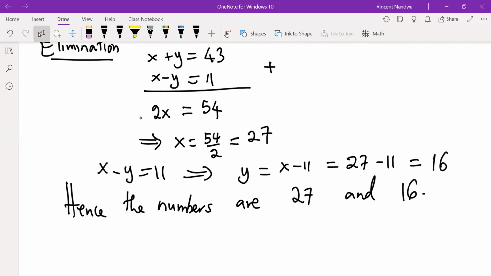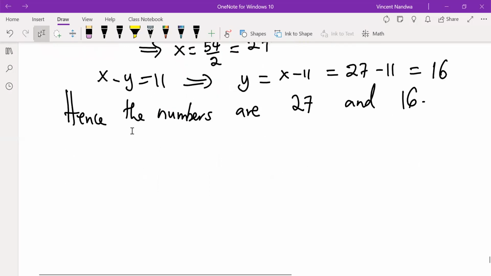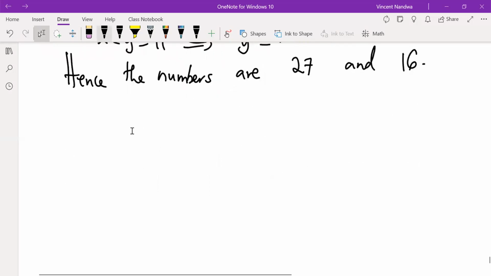Number 2, we see how we can apply knowledge on simultaneous equations to get gradient and y-intercept of a line.